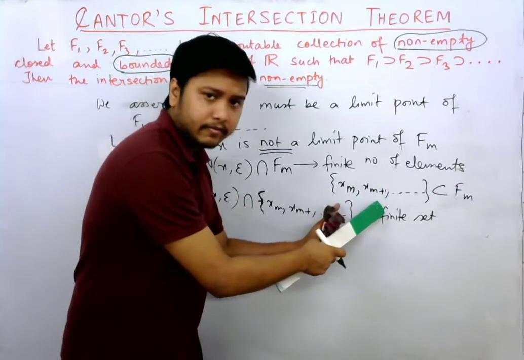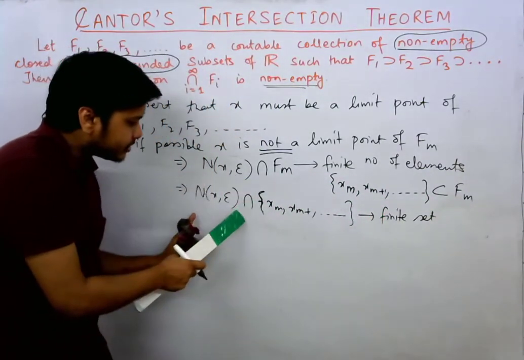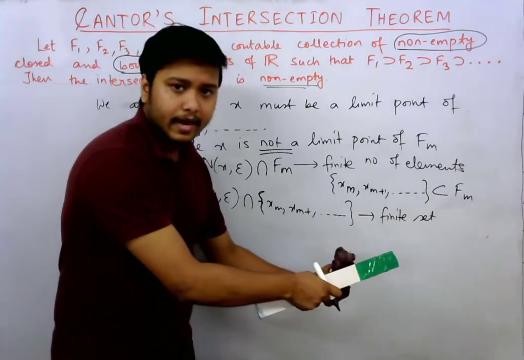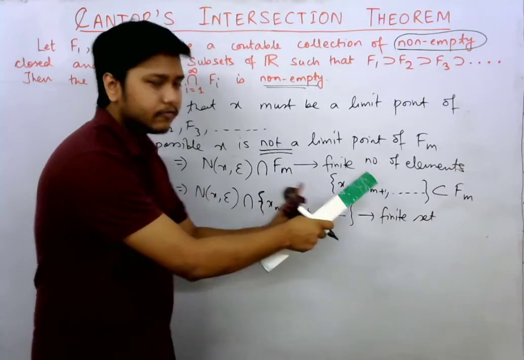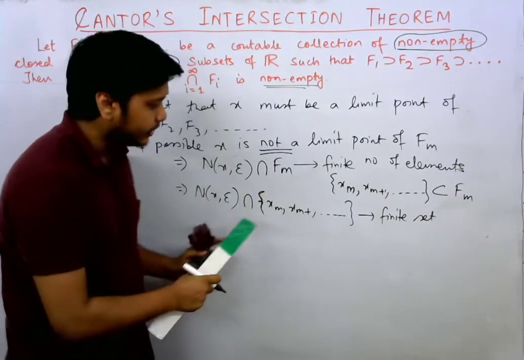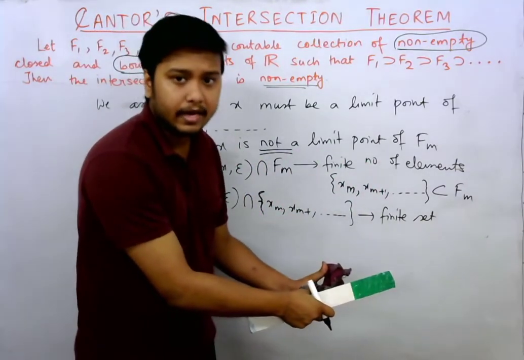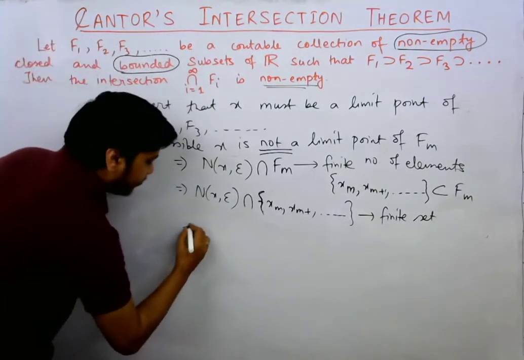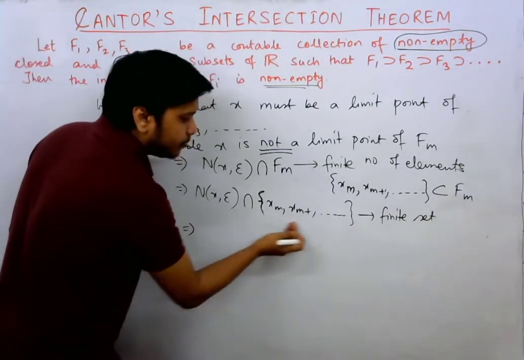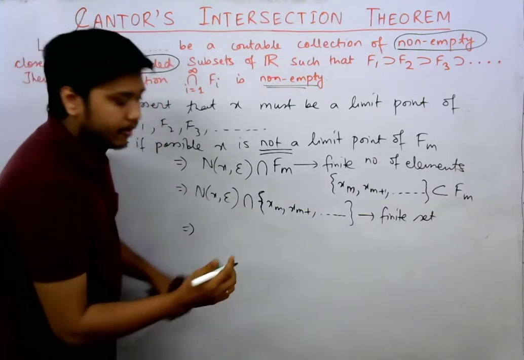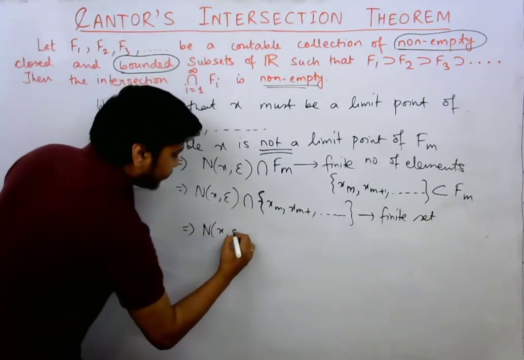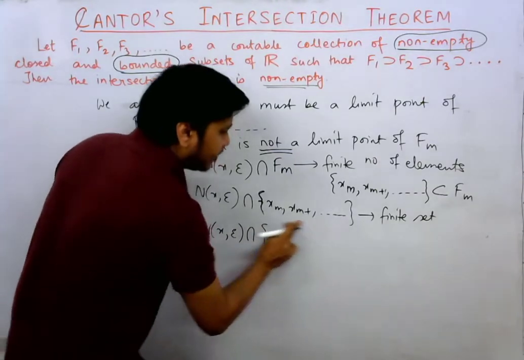If I take a subset of Fm, the intersection with this neighborhood is still going to be finite, because basically I have reduced my Fm set. If the initial thing was finite, then after reduction of that set, it's obviously going to remain finite. Now if I add a finite number of elements over here, it's still going to remain finite, it's not going to become infinite.